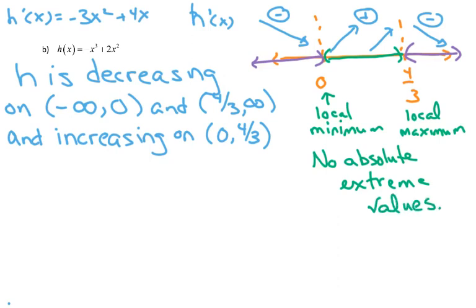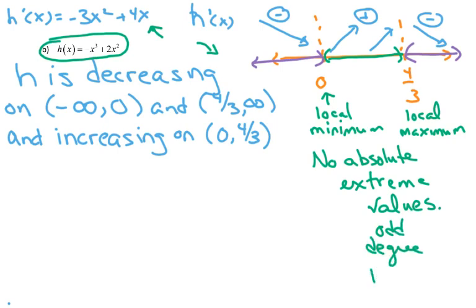How do I know that? Well, that's because I know what the end behavior of this function is. This is a polynomial that goes up on the left and down on the right. So it can't have it. It's third degree. Any odd degree polynomial cannot have absolute extreme values. So now we just have to figure out what they are.